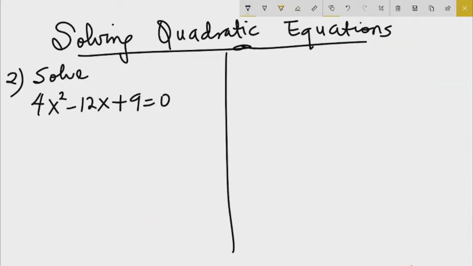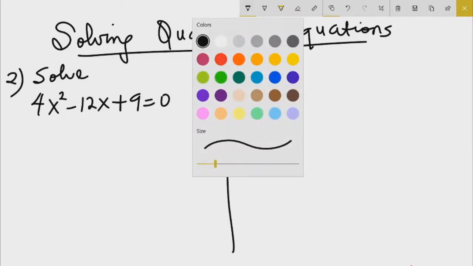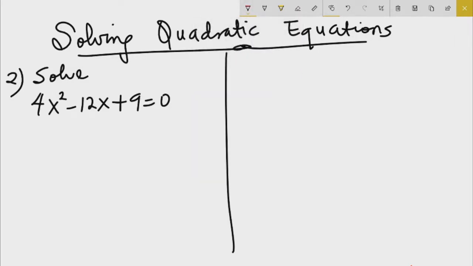For example 2, we want to solve 4x squared minus 12x plus 9 equals 0. Because this has already been written in standard form, we again need to identify our a. a is the coefficient of x squared, so a is 4, and b is the coefficient of x, so b will be negative 12, and c is the constant term, positive 9.